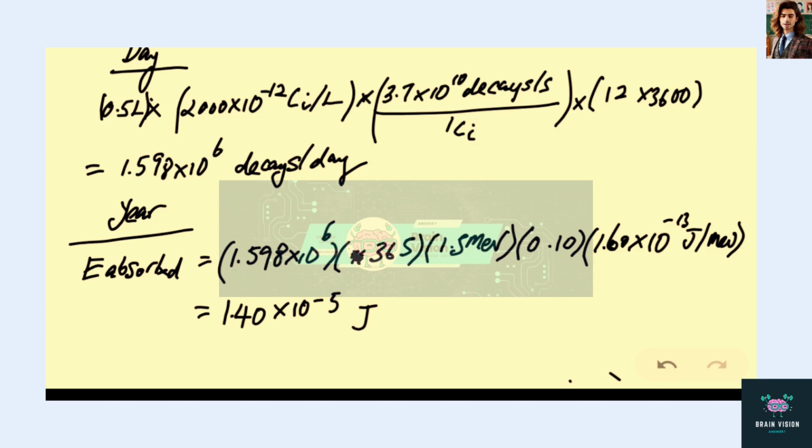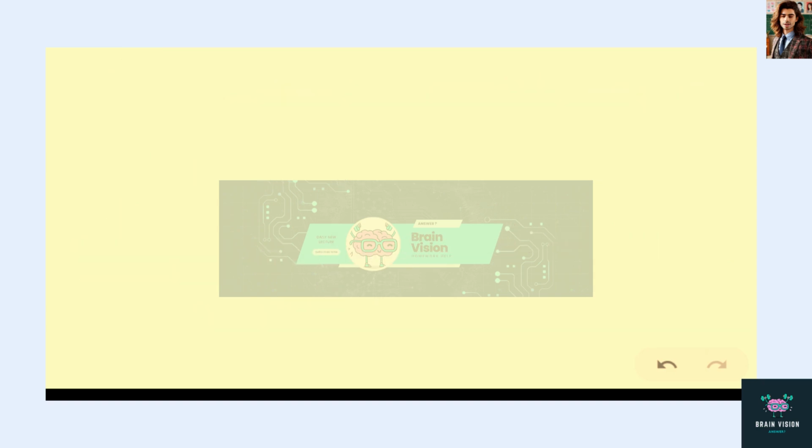Now we want to find the dose for an adult versus a baby in terms of REM. Basically, we have to take the dose in terms of rads and multiply that by the RBE, relative biological effectiveness, which is dependent on the type of radiation we're looking at.